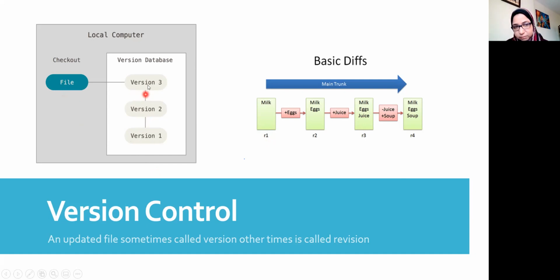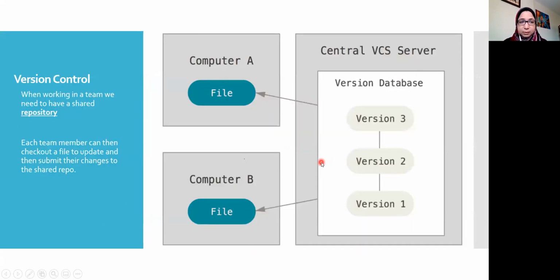And then another set of changes would be version 3 of the same file. There are basic differences between the changes, so systems like Git keep track of the changes, or the differences, between the different versions.